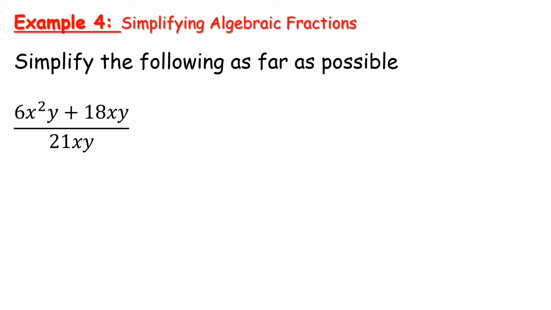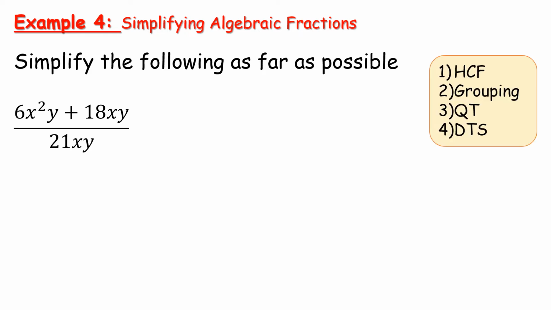So that top line definitely needs a bit of factorization. The bottom line, let's see what we need to do with the number. So we're going to use highest common factor. If it helps, we can write this as 6xxy plus 18xy. So what is common?